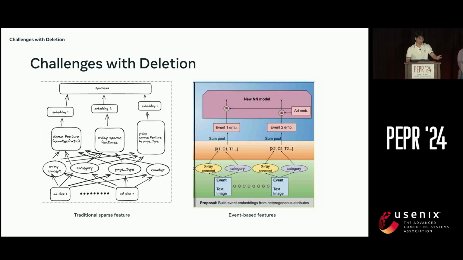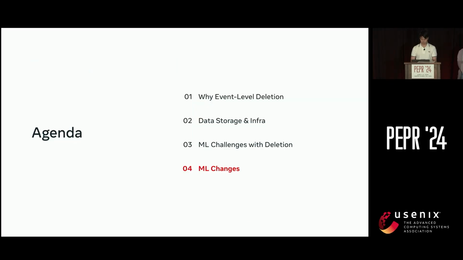The same task will not be possible on the left. And then also with the right side, instead of relying on feature infrastructure to do data aggregation, we delegate that task to the sequence model, which I will dive into in more detail on a later slide.